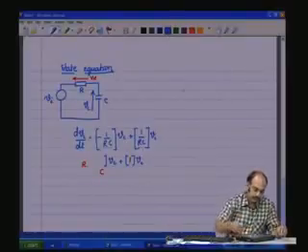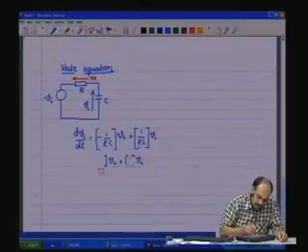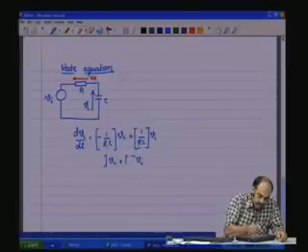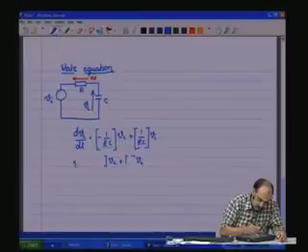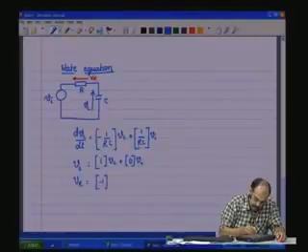Now, here, let me erase some of these things. We wanted VC, and therefore we had put this as 1 and 0, and when we wanted VR, we put this as minus 1 VC plus 1 VI.